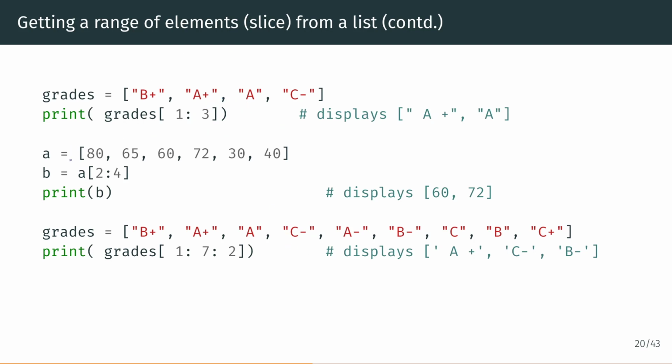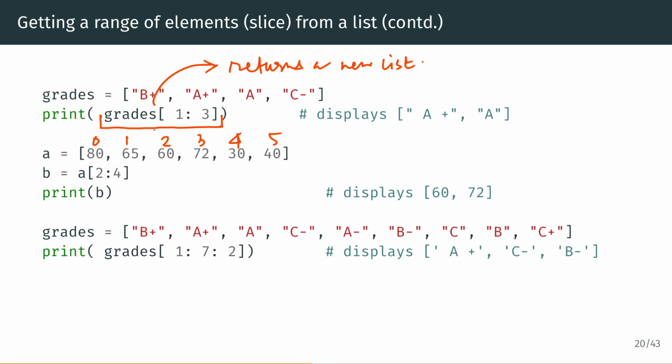Now the next list contains 6 elements. Okay, again the indices are 0, 1, 2, 3, 4, 5 and the length is 6, right? Now just so you understand this clearly, when you use this notation, what you get is it returns a new list, right?